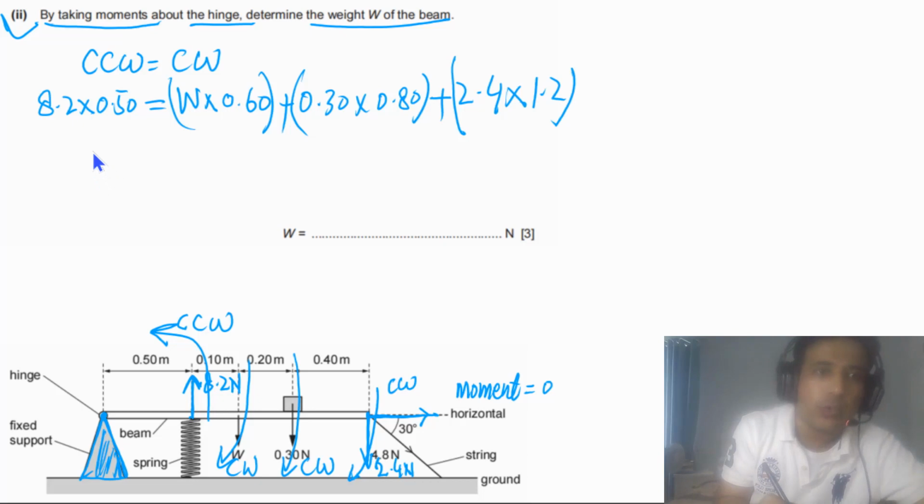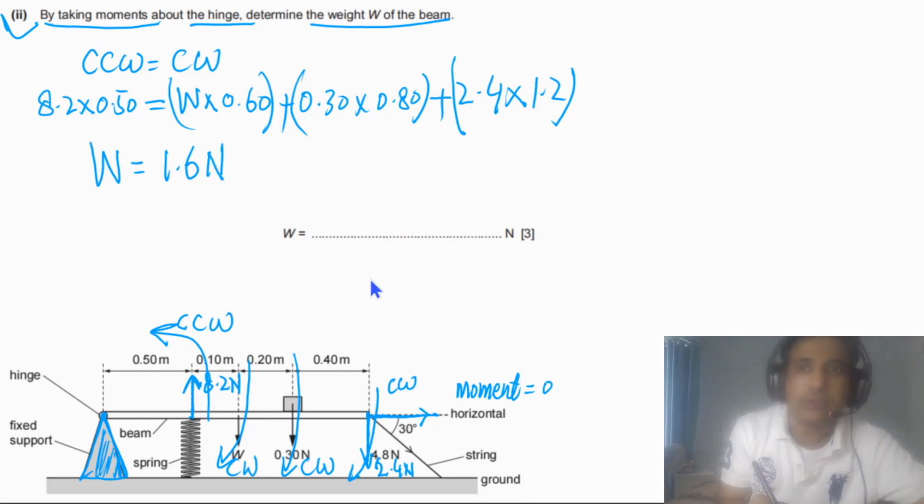If we solve for W, we get W equal to 1.6 newtons. So the final value of the weight is 1.6 newtons to 2 SF.